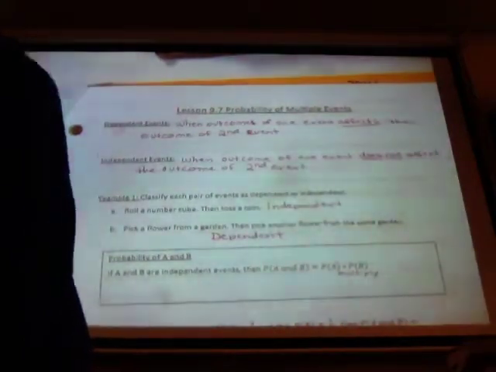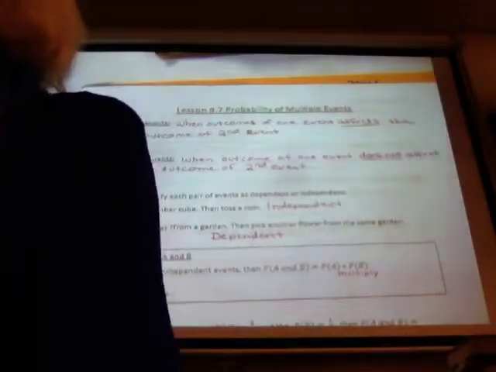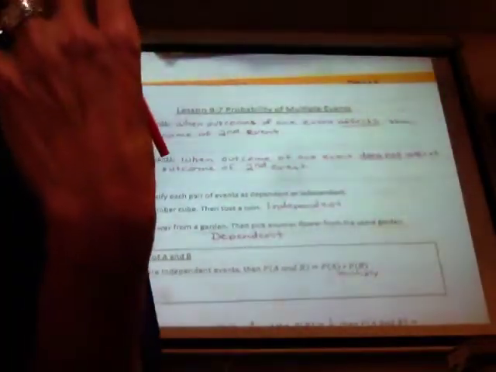So if A and B are independent events, the probability of A and B is found by multiplying the 2 probabilities together. When I'm talking about picking flowers out of a garden, they're consecutive events. One follows the other generally.